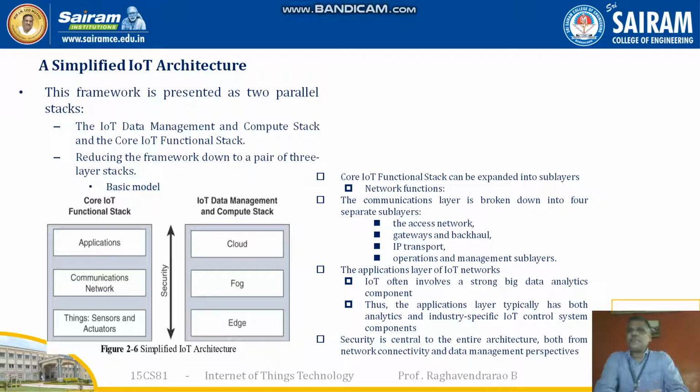And the application layer is divided into 2. IoT often involves strong big data analytics components, and the applications layer typically has both analytics and industry-specific IoT control components. Both are going to be there, and based on what is required, the data is going to be given.